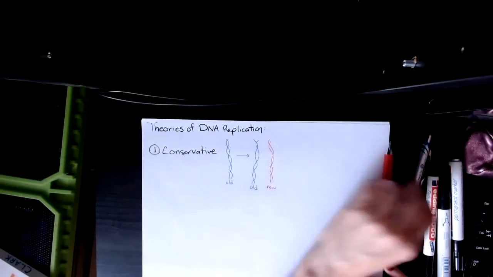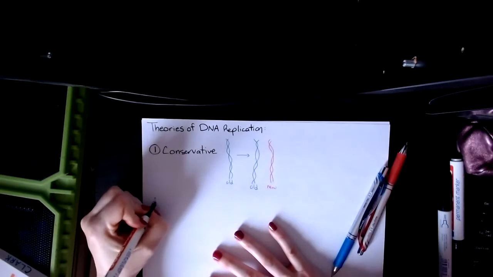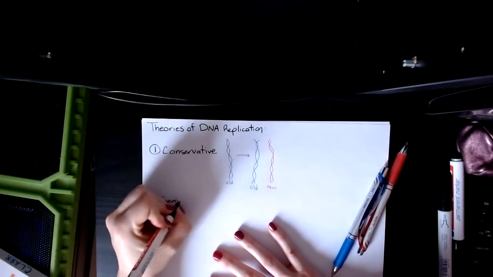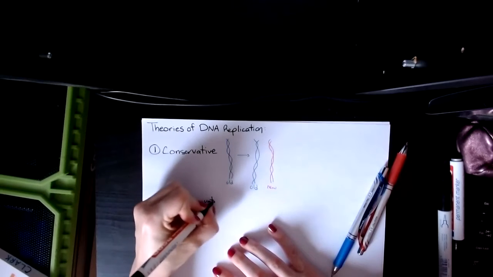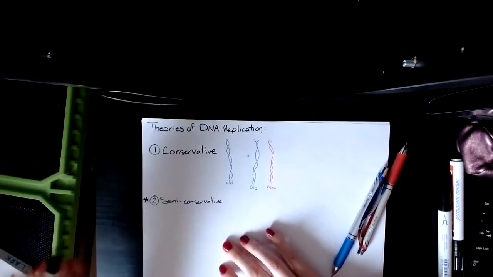So that's the conservative. The second theory is semi-conservative, and you guys should know that that is actually, in fact, how DNA replicates. It is semi-conservative, so I'll put a little star next to this one because it's the right one. Okay.